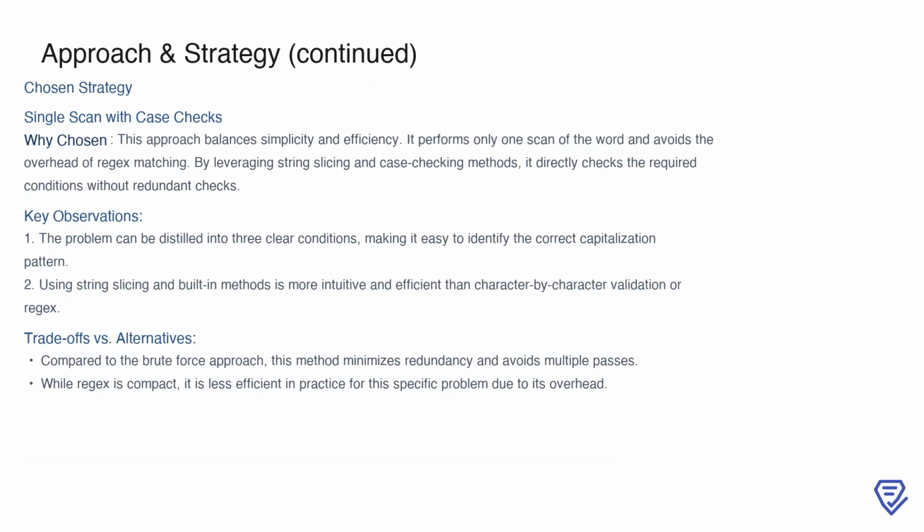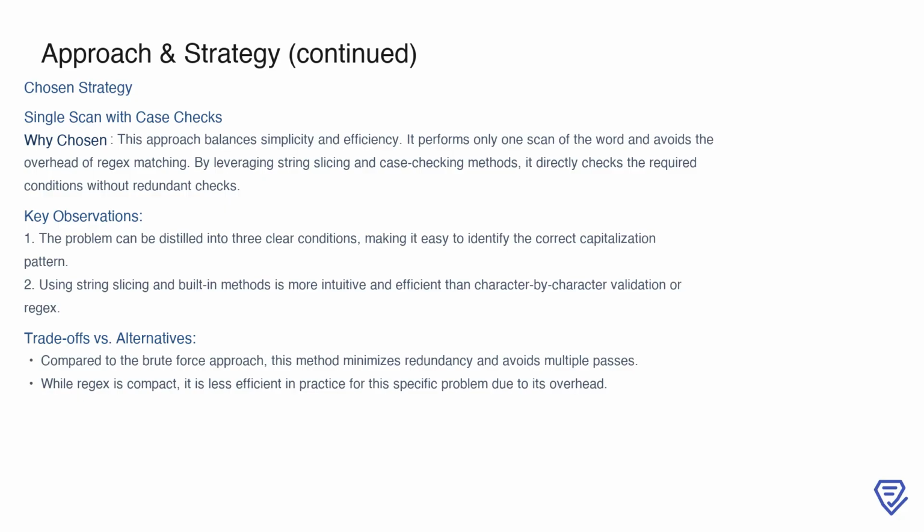The chosen strategy is the single scan with case checks, as it achieves an optimal balance between simplicity and efficiency. By performing only one scan of the word, it avoids redundant checks and eliminates the overhead associated with regex matching. With this approach, we use string slicing and built-in case-checking methods to directly evaluate the required conditions.